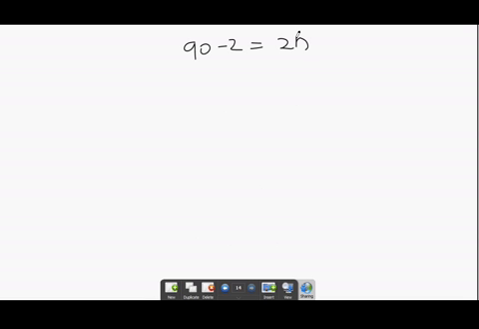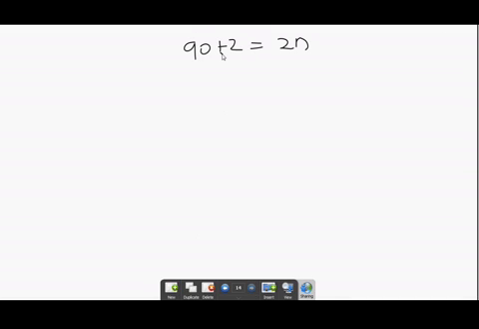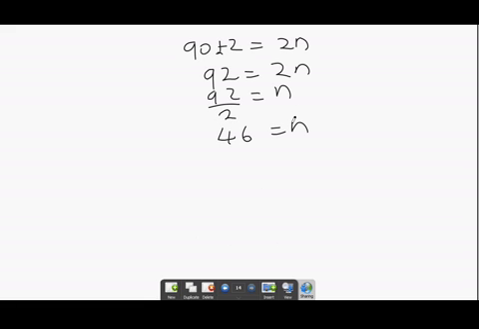And so it's plus on this side, because remember, here it's a minus. So when it goes to the other side, it's going to be a plus, isn't it? So it's going to be 92 is equal to 2n. So n is going to be equal to 92 divided by 2, which is going to be 46, which is equal to n. Now this is a very simple one.